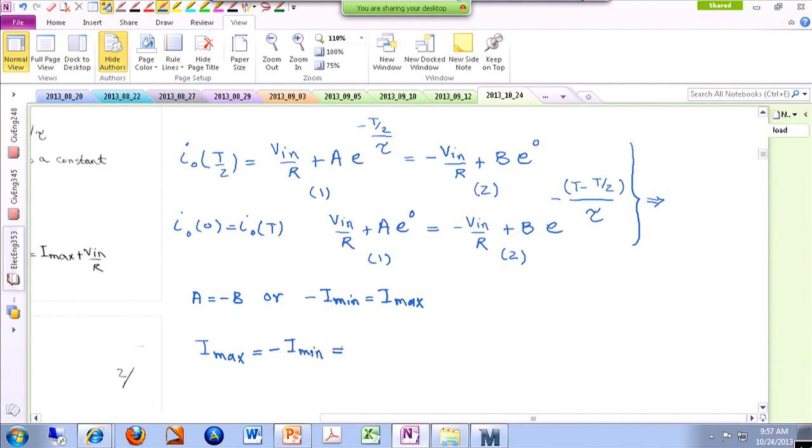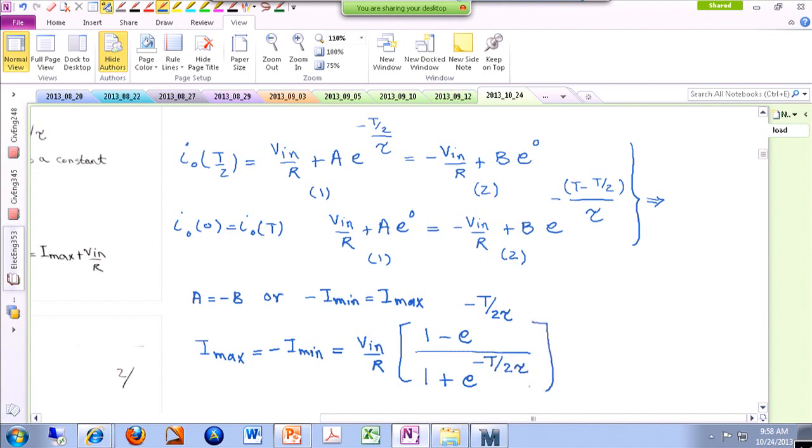Which is Vin over R times 1 minus e to the power of negative T over 2 tau divided by 1 plus e to the power of negative T over 2 tau. All right?